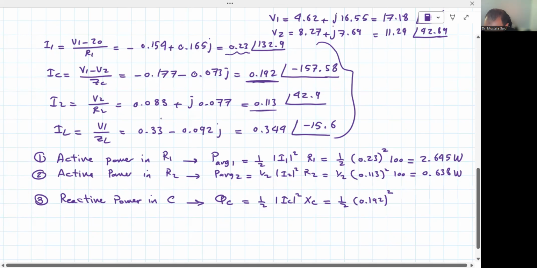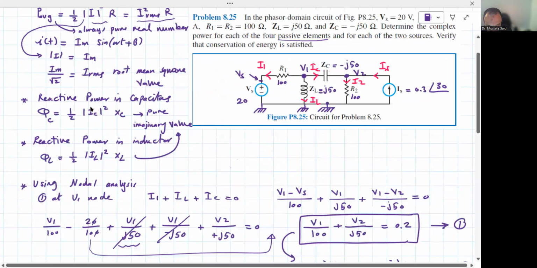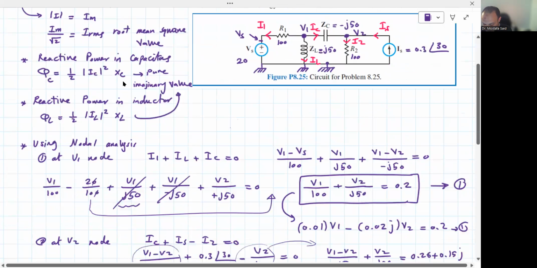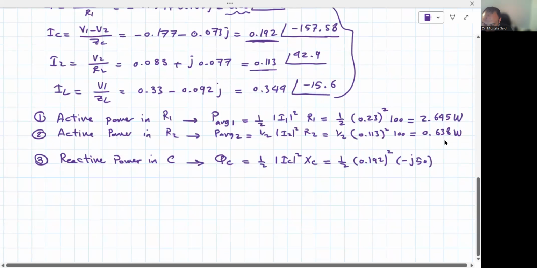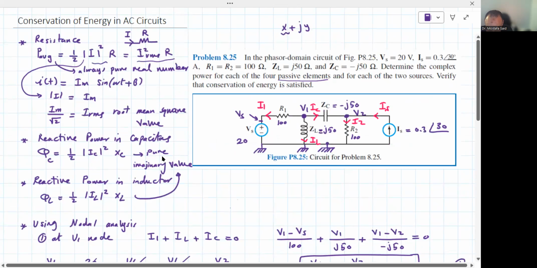and what was XC? Minus j50. Look, guys, we said in the beginning that the active powers should be real all the time, pure real. That's what we have here. Look, real numbers, 2.6, 0.638. There is no j, there is no imaginary. And we said that the reactive powers should be pure imaginary.